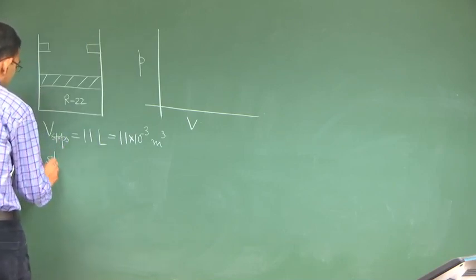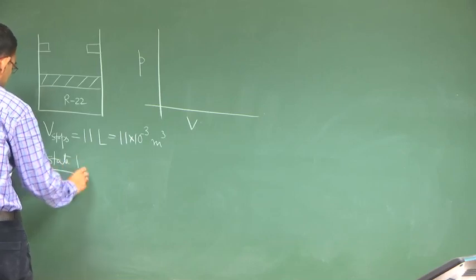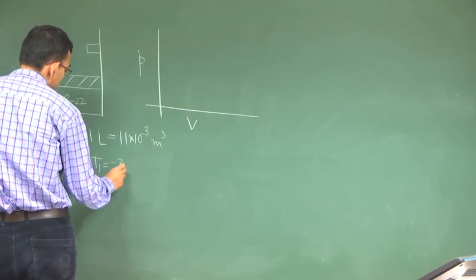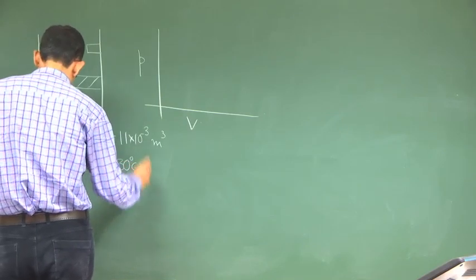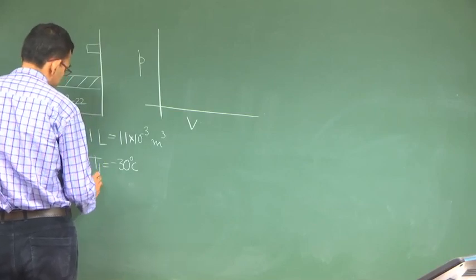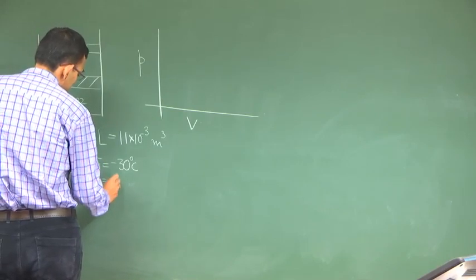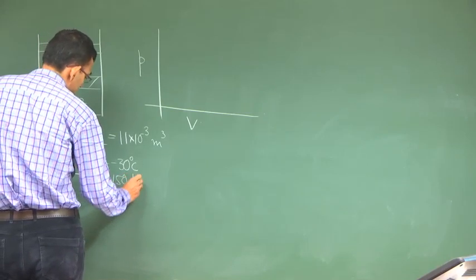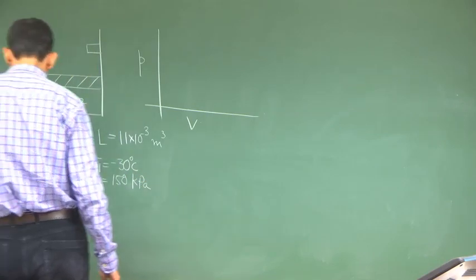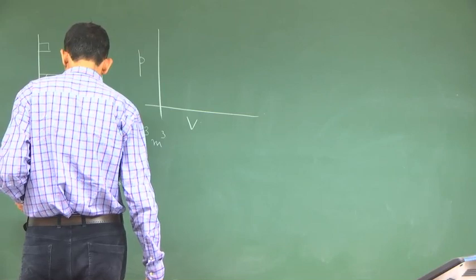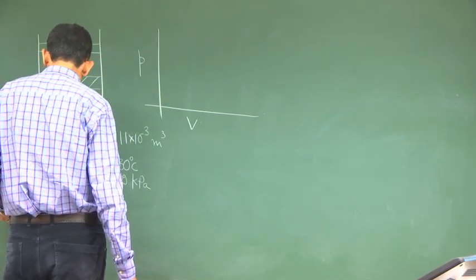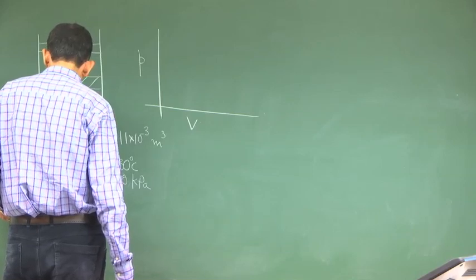Then state 1: T1 is minus 30 degrees centigrade and P1 is 150 kilopascal, and V1 is 10 liter.